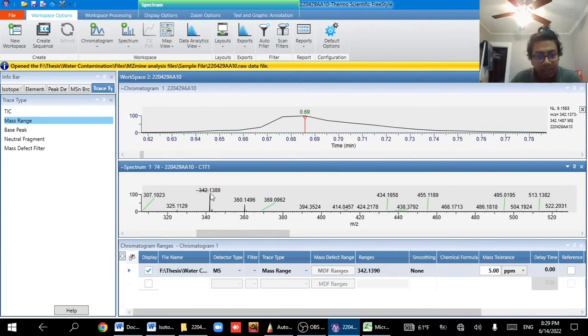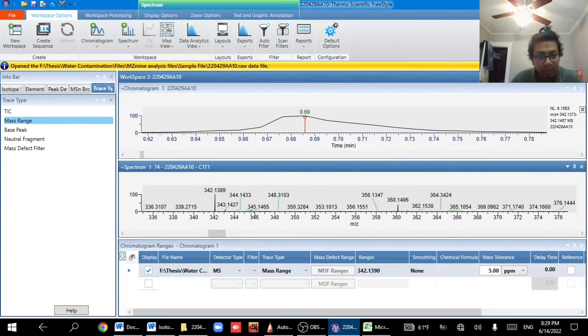If you drag again, you will find several masses. I need the difference between them: 342, 343, 344, 345. You can do it by your calculator, but the software does it for you, which is easier.